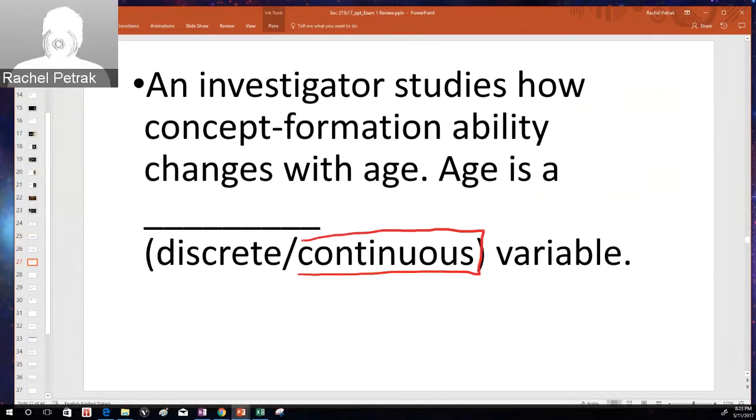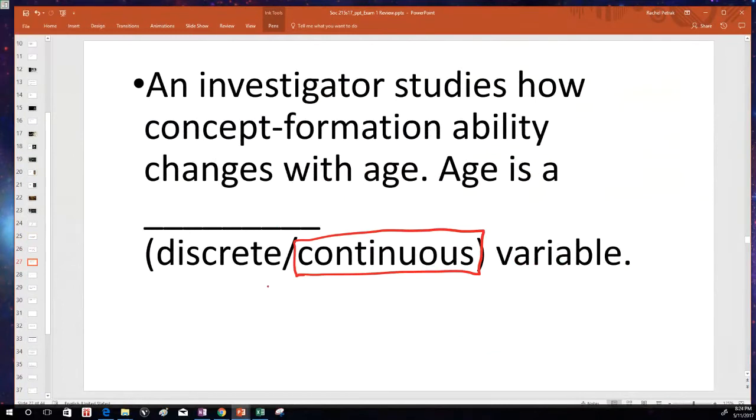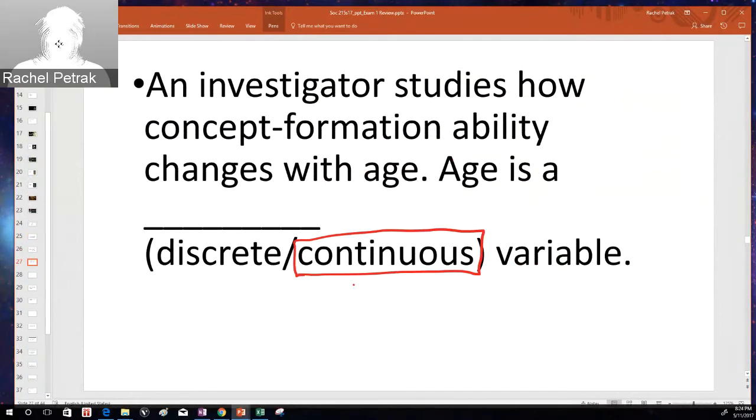If I said age was measured as young or old, well, that would still be continuous, right? Because there's still a clear order. Young goes before old. But age in years would be, if we look again at, is this ordinal or interval? Age in years would be an interval measurement, whereas age as young and old would be ordinal.